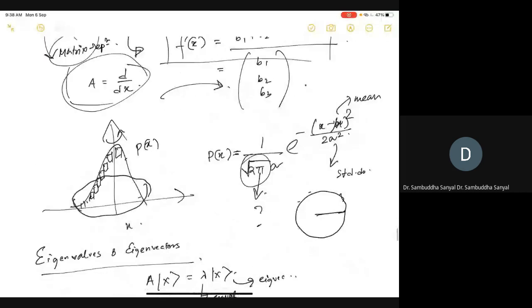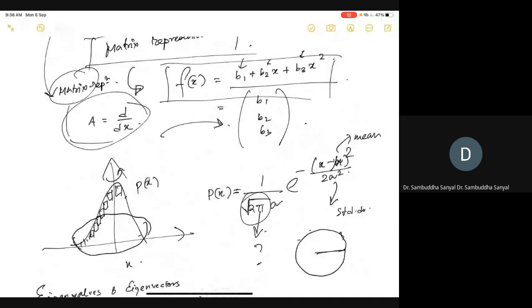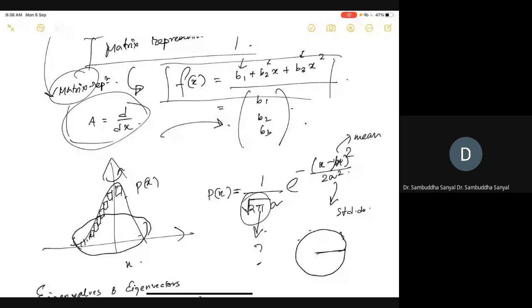Did somebody try this example, representing a function which is a polynomial of quadratic order as a vector in a vector space with this as basis, and representing an operator which is a derivative in that vector space? Did anybody try that?